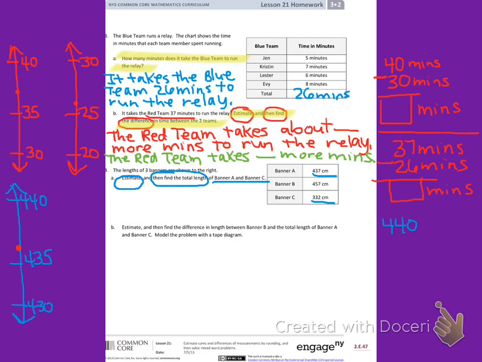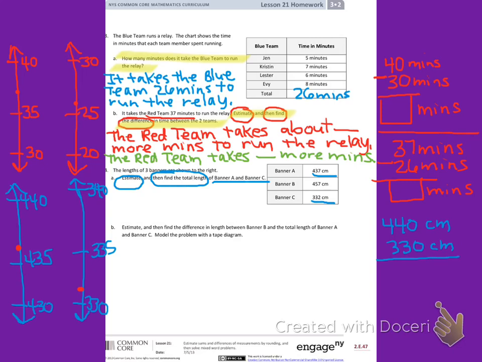Do the same with 332. 332 is between 330 and 340 with a halfway point of 335. Plot the point. It is near 330. Write it down. Label the units of measurement as centimeters.